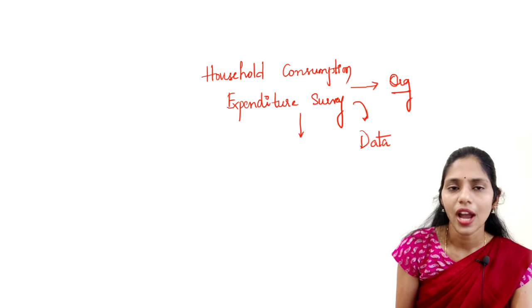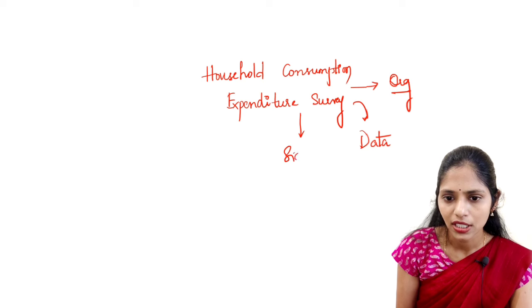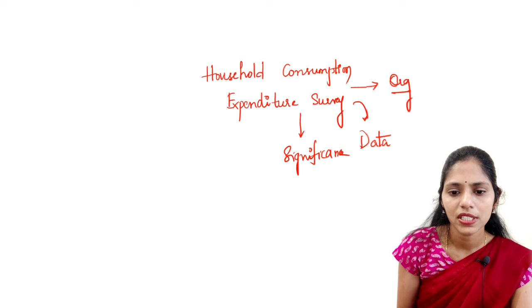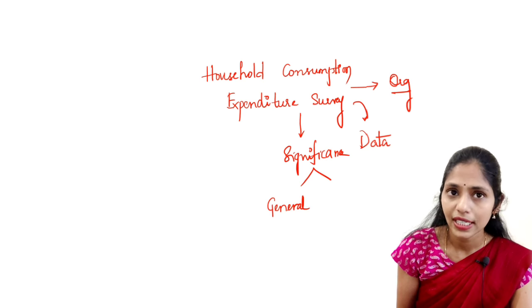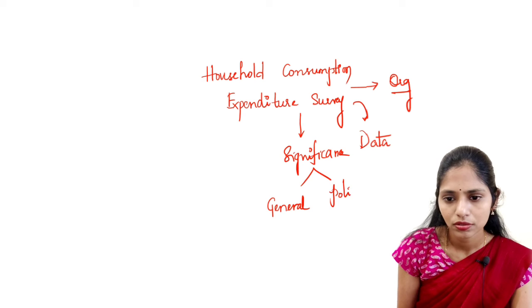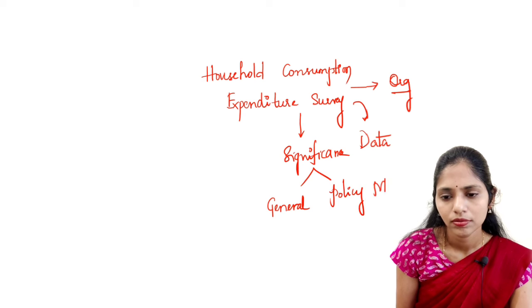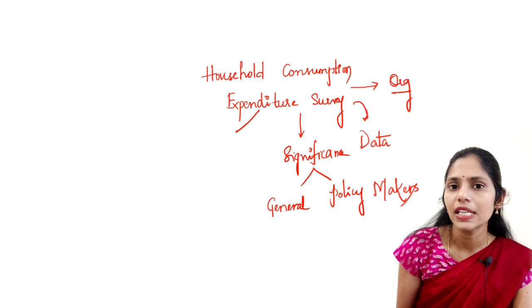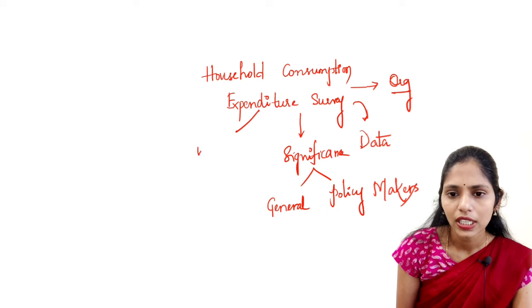After seeing this data you have to understand what the significance is, the significance from a general point of view, and the significance from the policy makers' point of view. You also have to see what this survey is about.